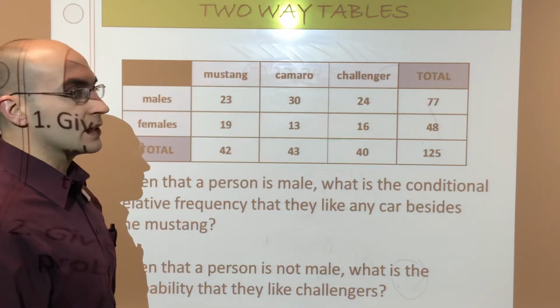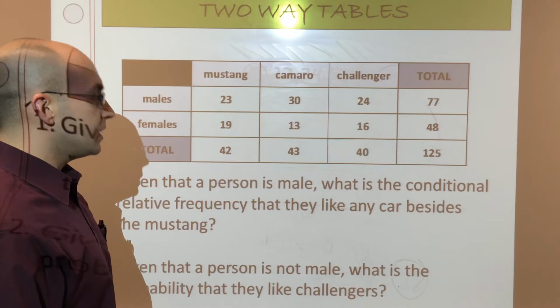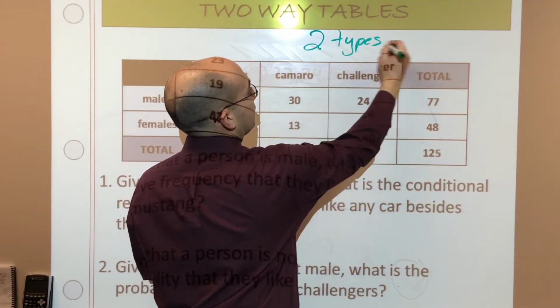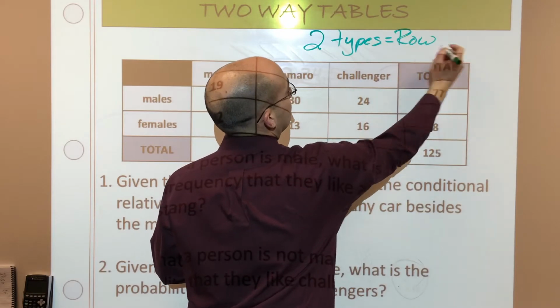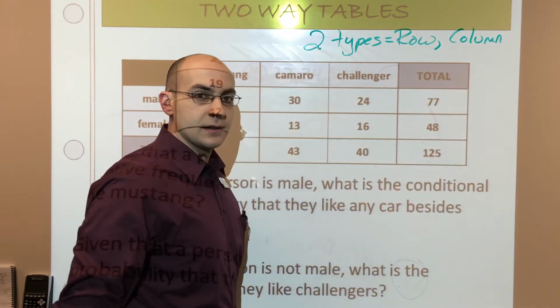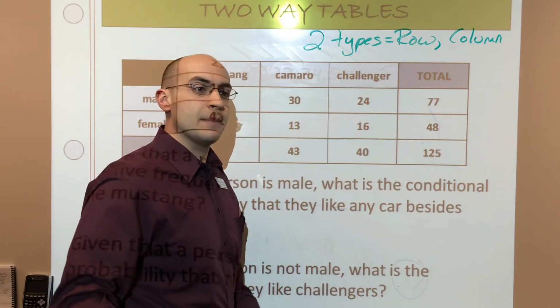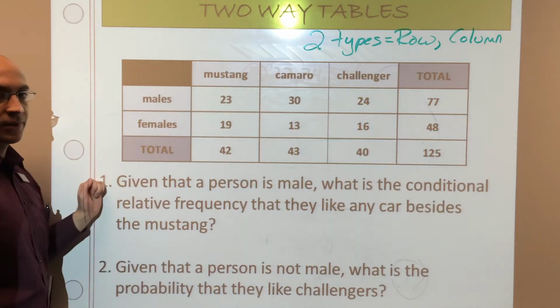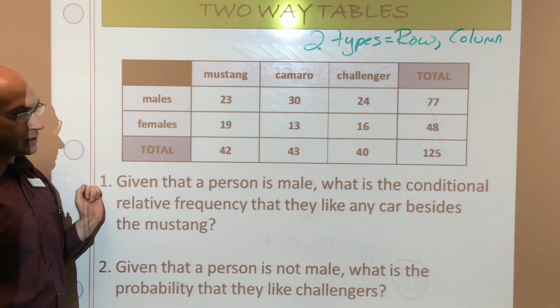Okay, so let's talk about a conditional relative frequency. There are two types: there is row and there is column. And basically it gives you a road map to see what numbers you're looking at. It's based on two separate things. Let's take number one, for instance.